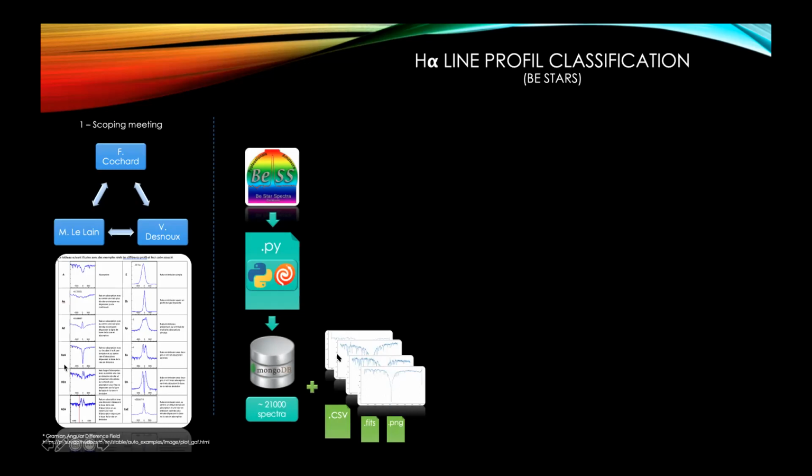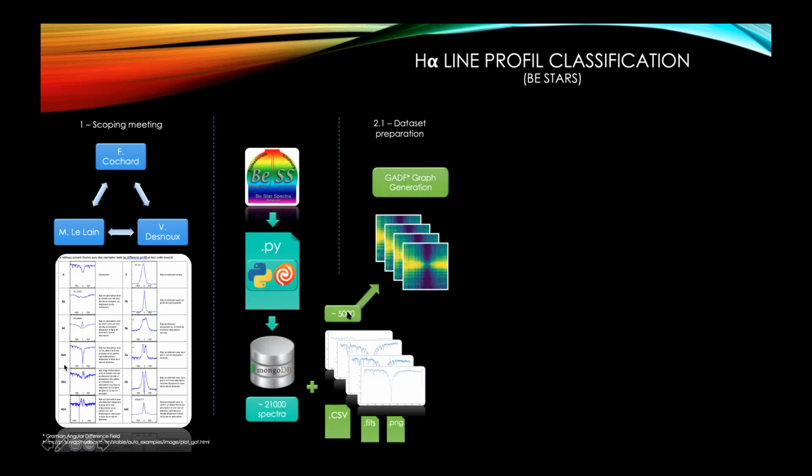And I created some PNGs for use in the dataset. After that, I took only 5,000 spectra and transformed them with Gramian angular difference field for better display of intensity, and the model training is more efficient with PNG, with images like dogs, like cats. So it is more efficient with this kind of intensity image.